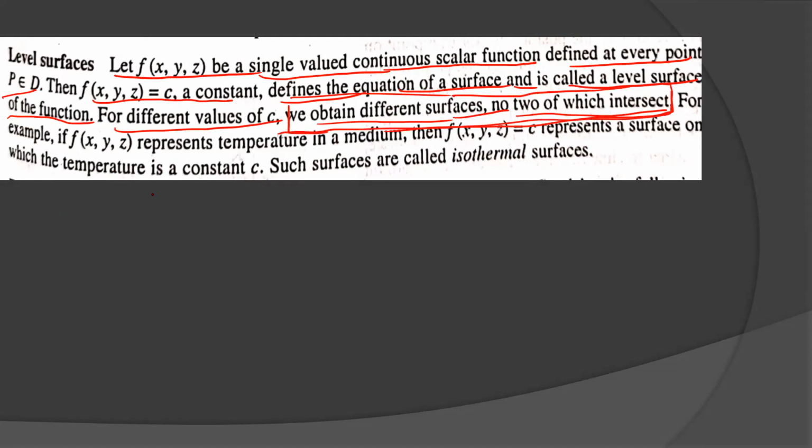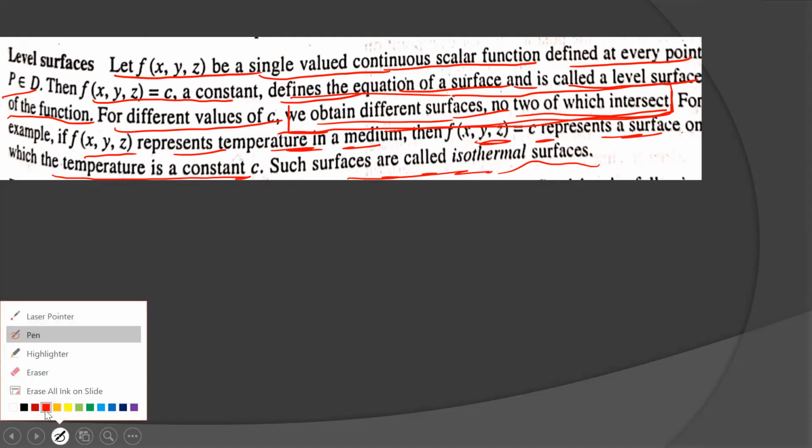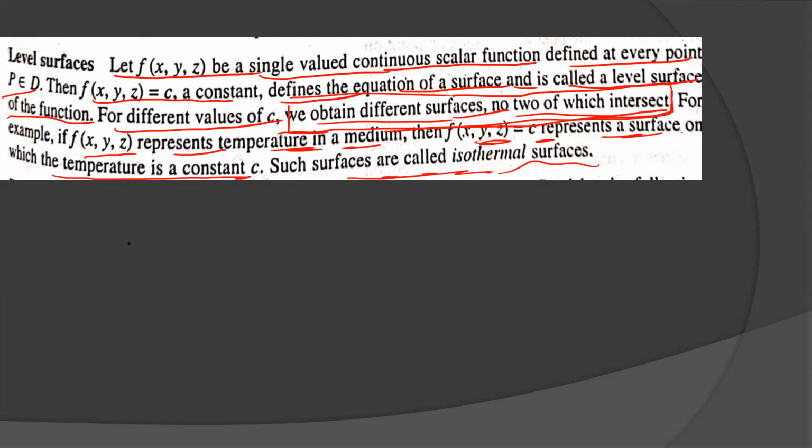For example, if f(x, y, z) represents temperature in any medium, then f(x, y, z) equal to c represents a surface on which the temperature is constant c. Such surfaces are called isothermal surfaces in heat theory. What are the key points here?